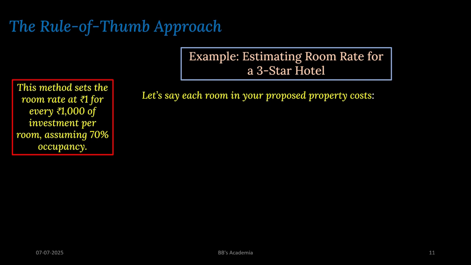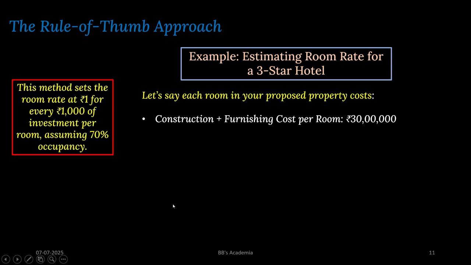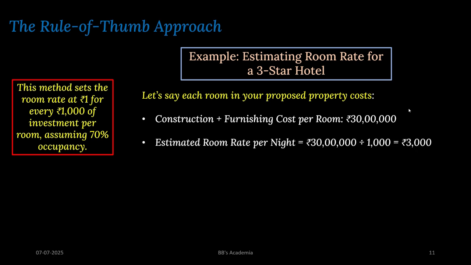Let's say each room in your proposed property, construction plus furnishing cost per room, is 30 lakhs. Let us consider this amount. Estimated room rate per night according to this guideline, 1 rupee per thousand. So if you divide this amount by 1000 rupees, your rate is coming around 3000. So that is the estimated room rate per night.